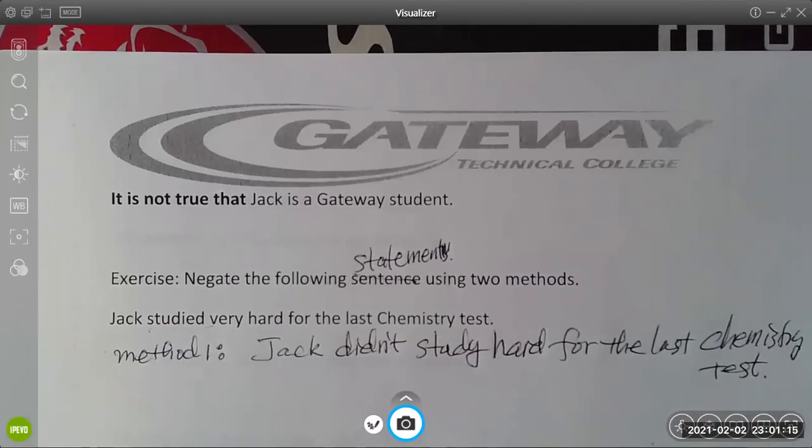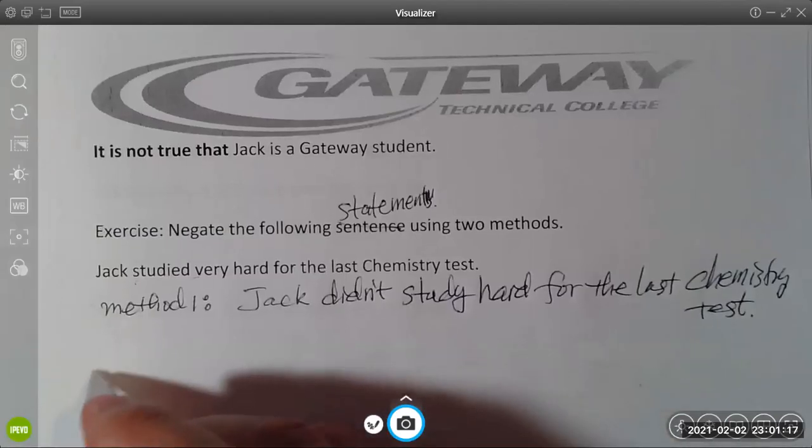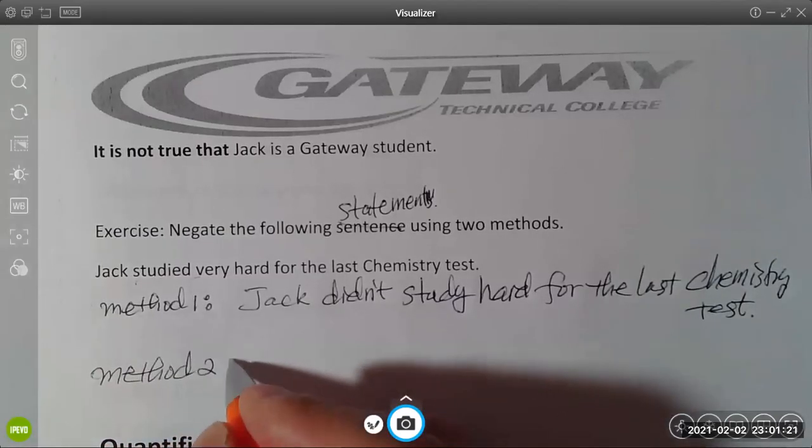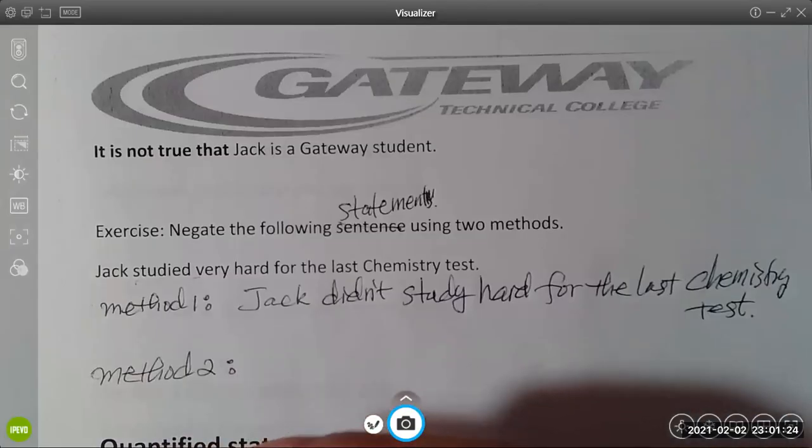Now method two. We use that structure, right?